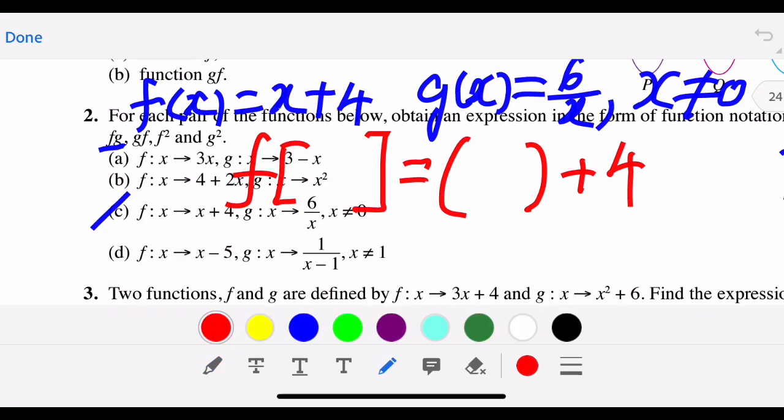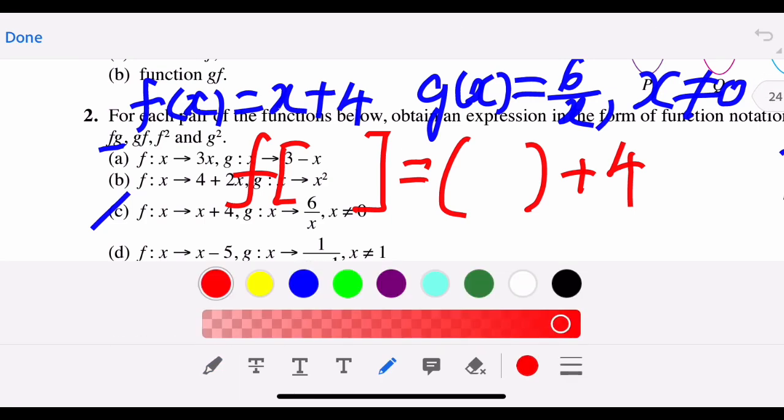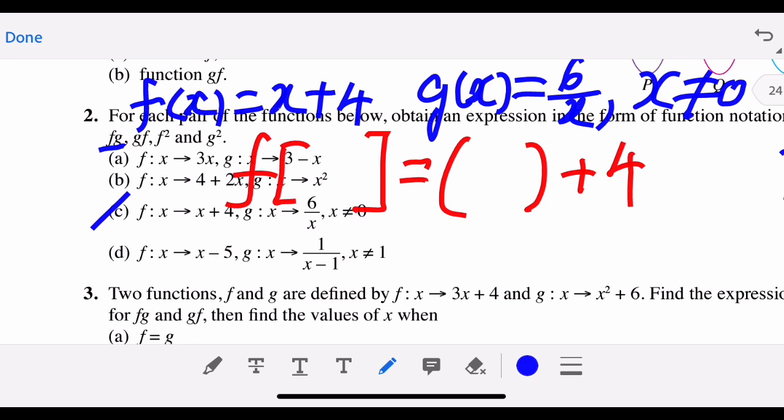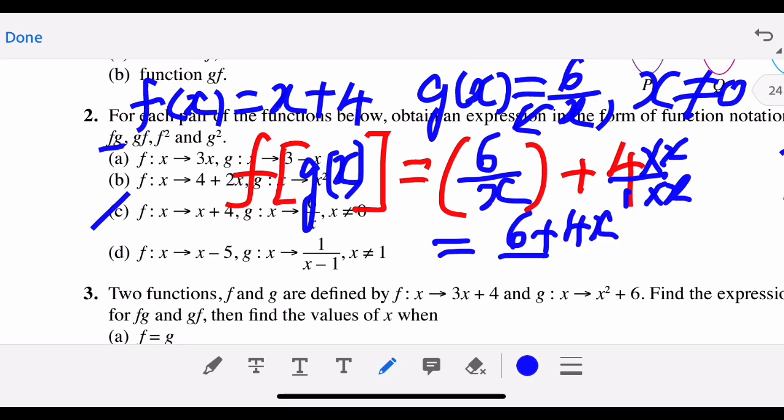So I refer to f(x), then I copy the pattern of f(x), then I fill up the object with g(x), since I'm asked to find fg(x). The g(x) here is 6 over x. So normally we will make the denominator the same. So we have 6 plus 4x over x, and x cannot be equal to 0 due to the denominator x.